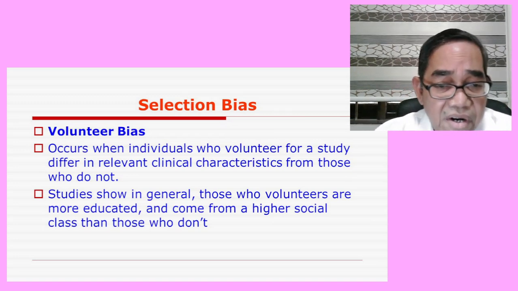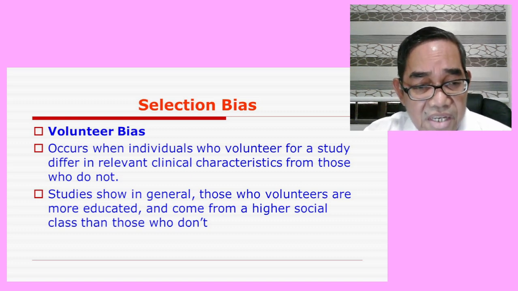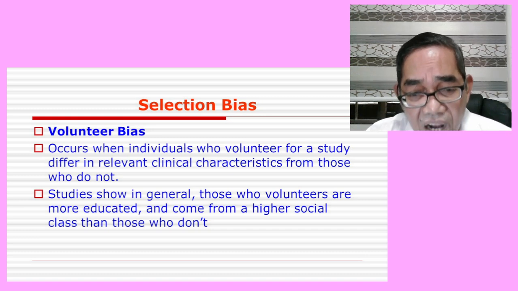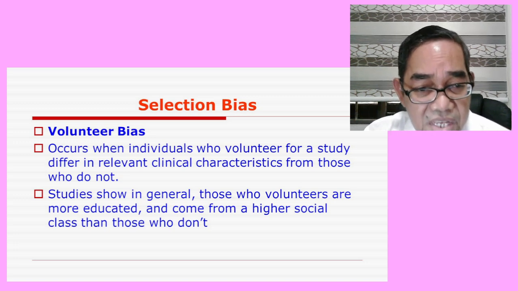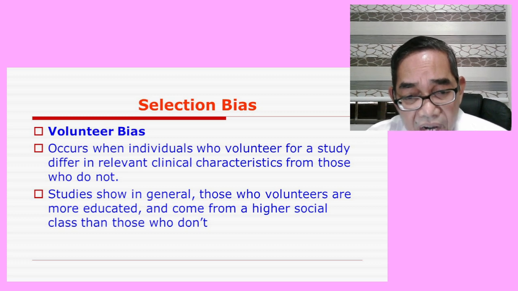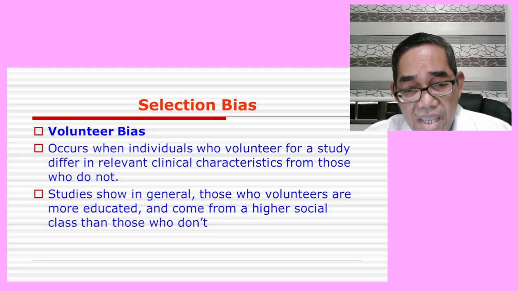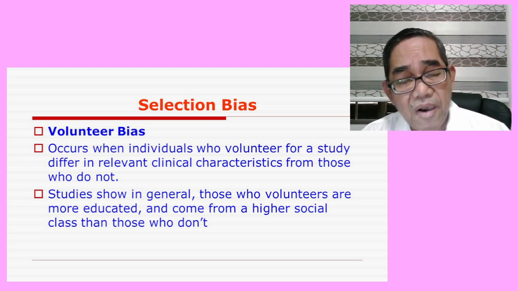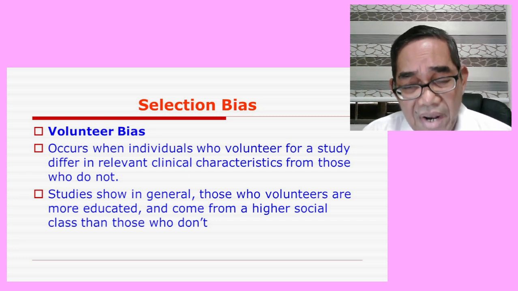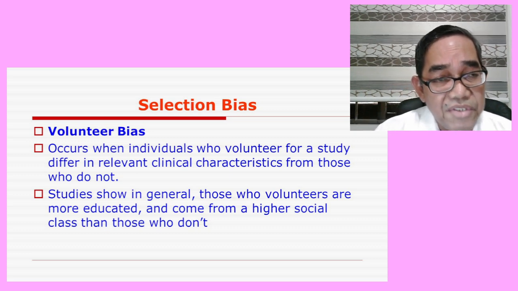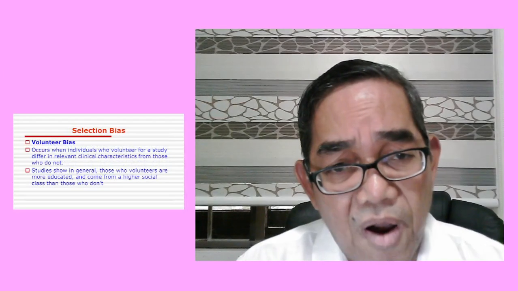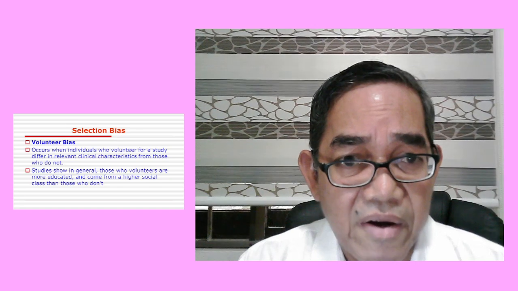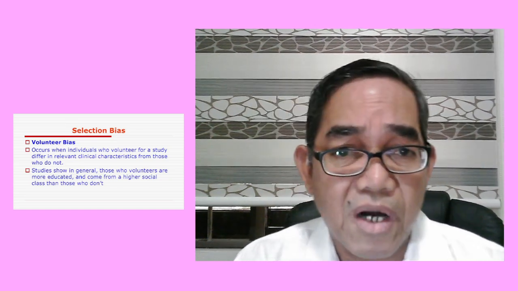Volunteer bias occurs when individuals who volunteer for a study differ in relevant clinical characteristics from those who do not volunteer. Again, studies show that in general, those who volunteer are the more educated ones, and they come from a higher social class than those who don't volunteer. Or if, for example, you want to look into the prevalence of diabetes mellitus, then you just get data from a community outreach program where you ask people to come because we have a free FBS screening.